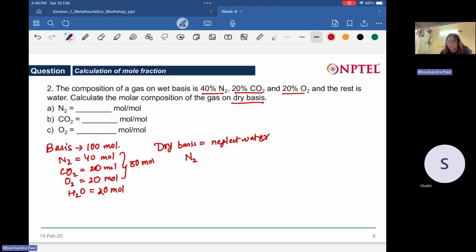We have to remove that. So now in that dry gas with zero water, N2 will be basically 40 by 80 moles, so mole by mole, 0.5 mole by mole N2.